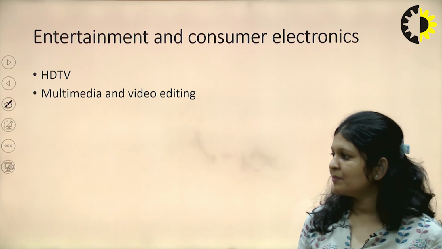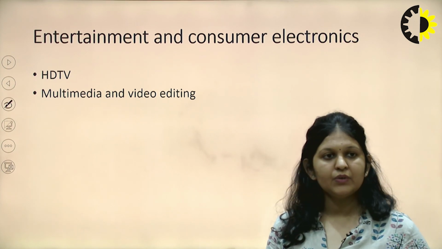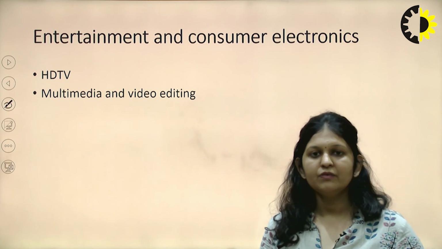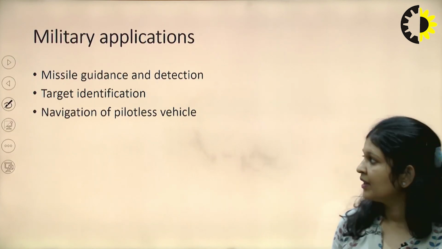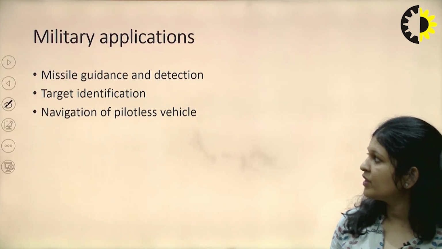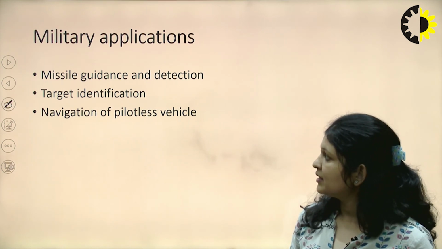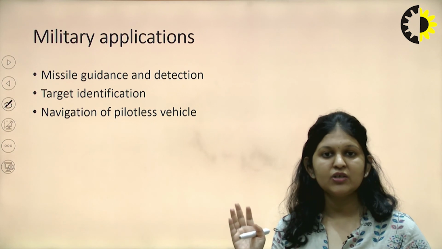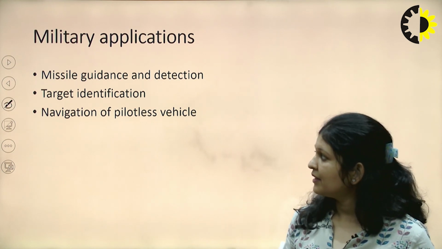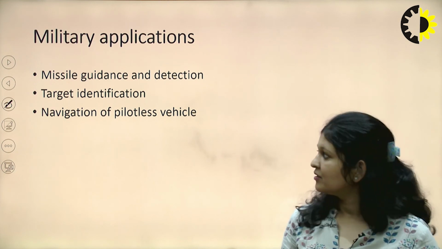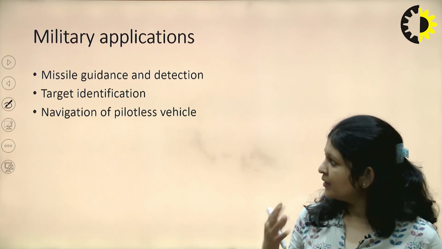Various tools like Photoshop and various video editing tools all come under the category of image processing. Then military applications, we can have guided missiles and detection, target identification, such as in the film Uri, where people identified the targets using images captured through the Garud.